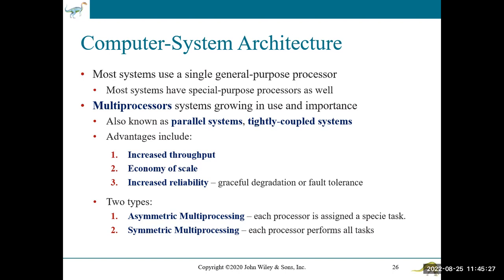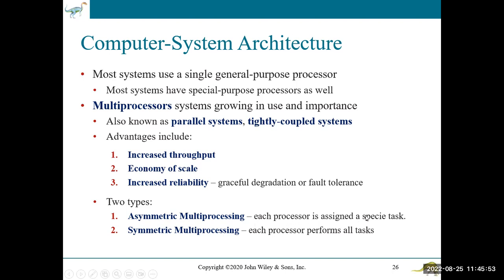What do you need to know? I'm going to say that you need to know this for your assessment. The difference between asymmetric multiprocessing and symmetric. In your computer architecture course, we go into SIMD, MIMD, and all that kind of stuff. This is a simpler version of it. It's clean, and it's a good review.